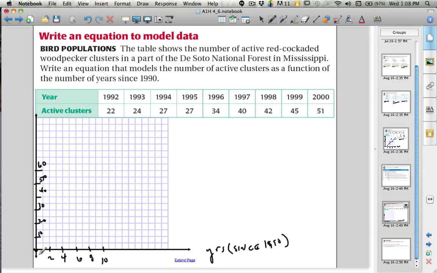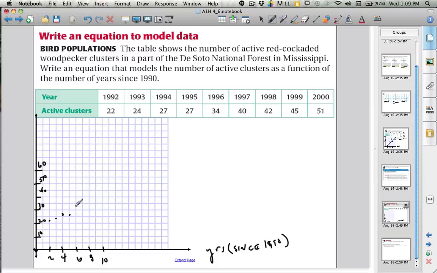So when we were at 2, we'd be at 22, right about there. And at 3, we would be at 24. 4, we're at 27. 5, we're at 27 again. 6, we're at 34.